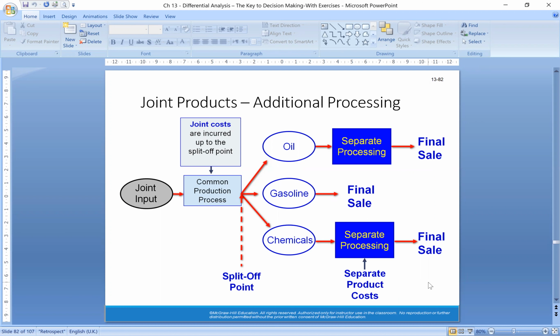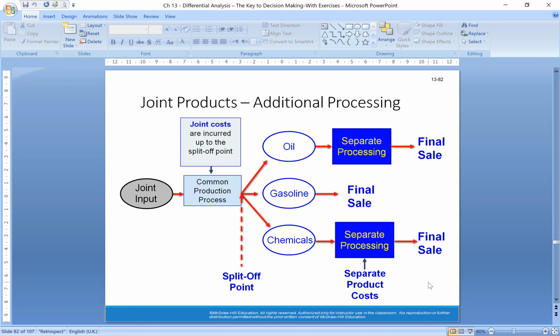If we have an advantage of going further for the oil, it means the incremental revenues recognized from going further exceed the separate processing cost of going further. Yes or no? If we go further for the oil, we have to compare between two things.